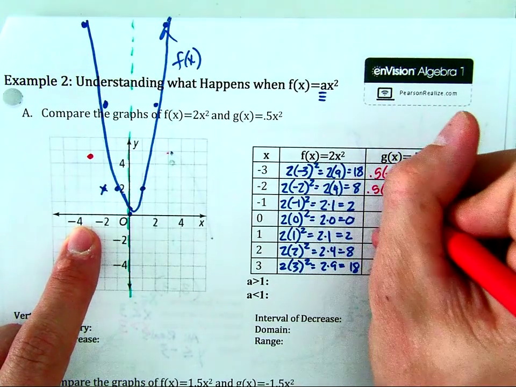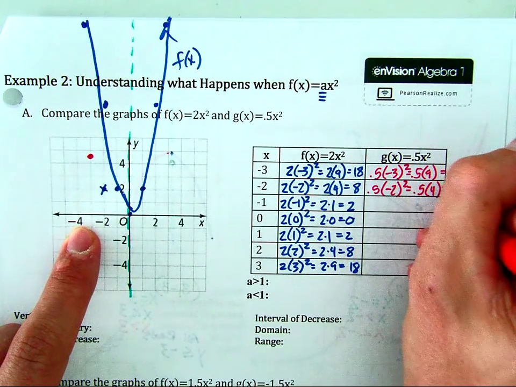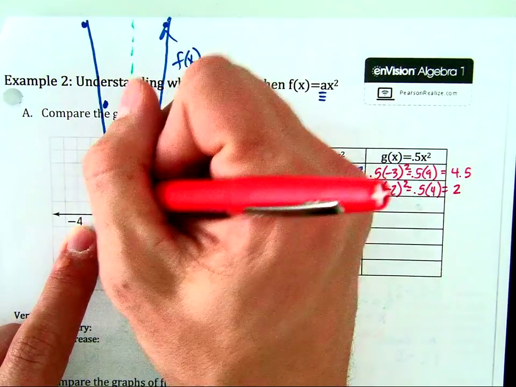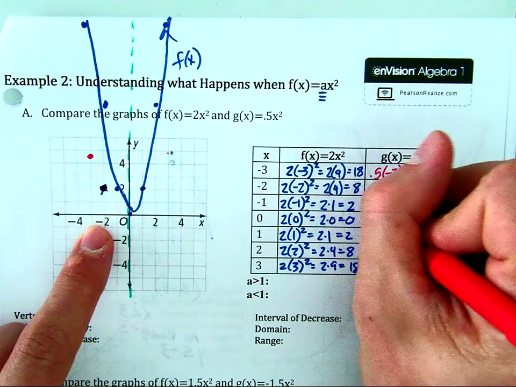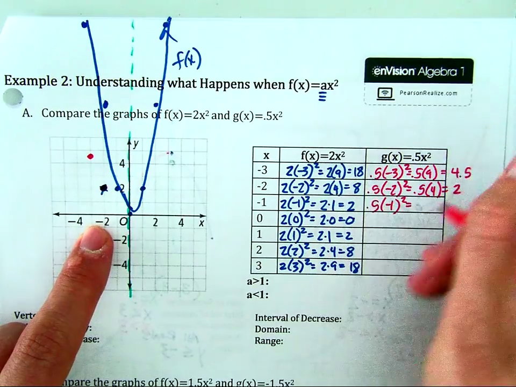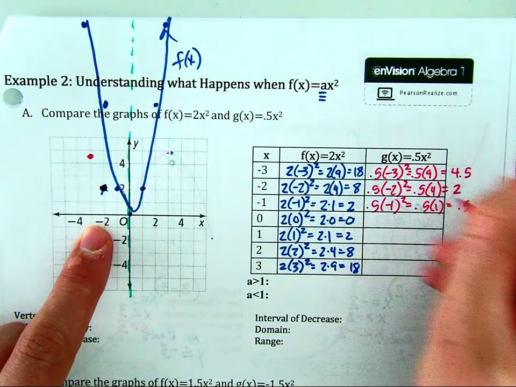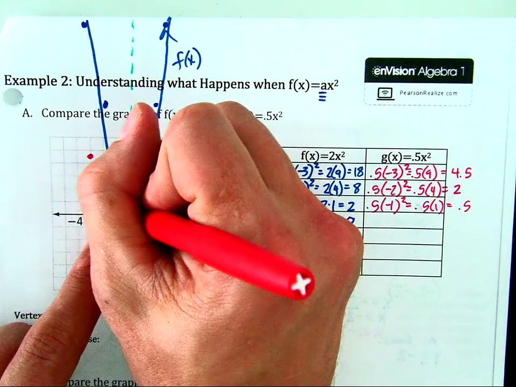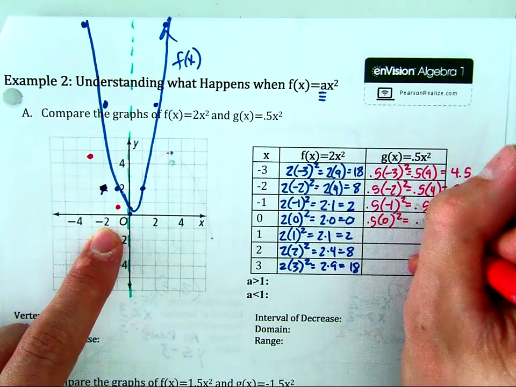It's 0.5 times 4, which is 2. So at -2, we're at 2. 0.5 times -1 squared. 0.5 of 1, which is 0.5. 0.5 of 0 is 0.